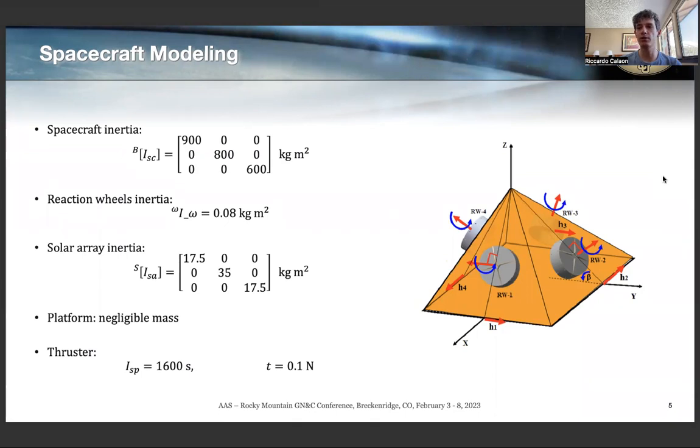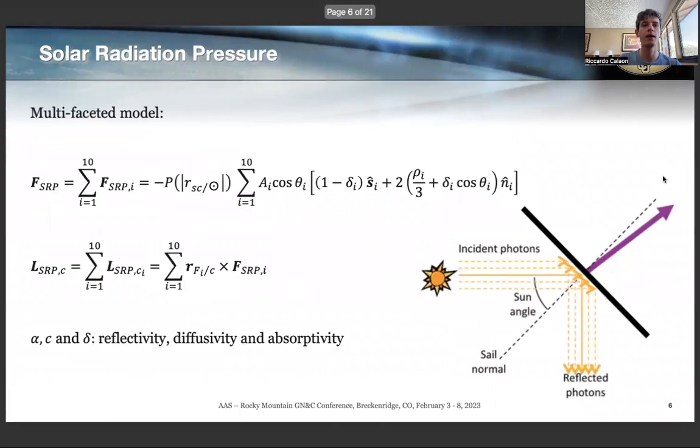The platform and thruster have negligible mass compared to the system, but the thruster has a specific impulse of 1600 seconds, and it applies a nominal thrust of 0.1 newtons that is assumed to be constant throughout the simulation.